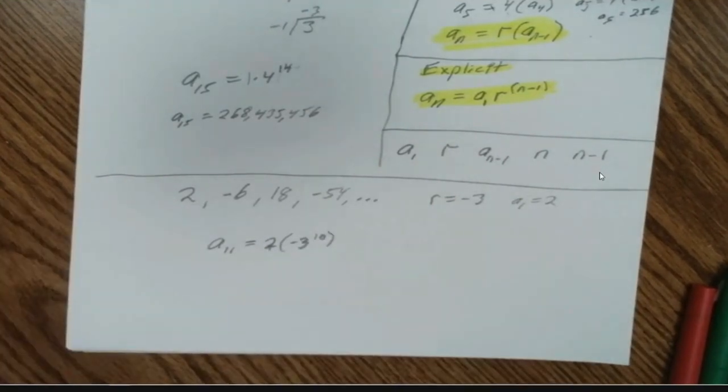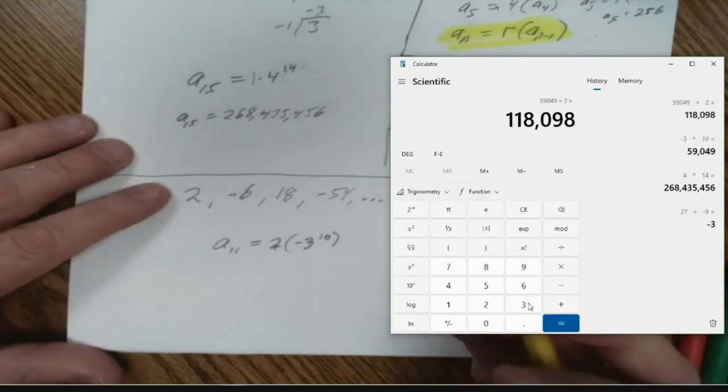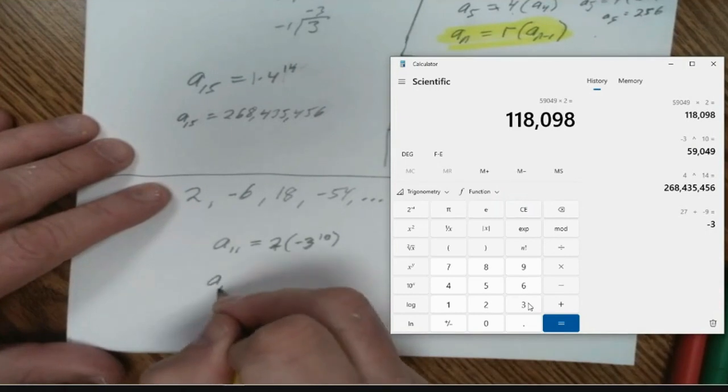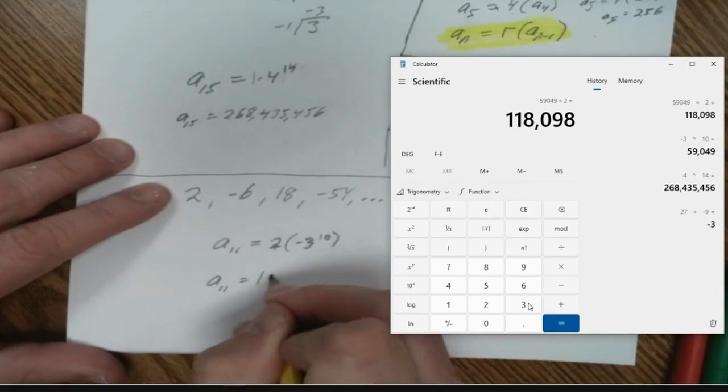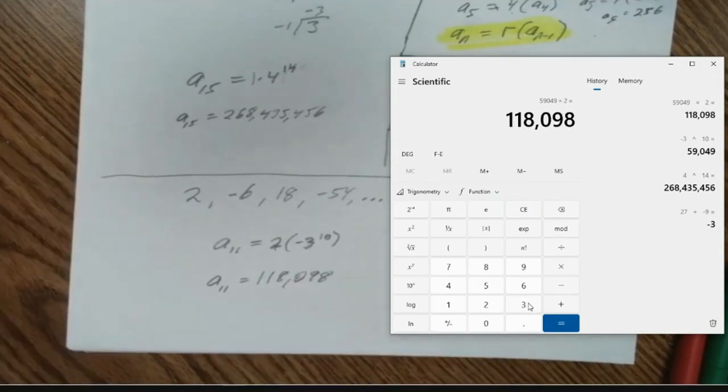All right, so let's do negative 3 raised to the power of 10. There you go. Negative 3 to the 10th is that, times 2. So a sub 11 is 118,098.